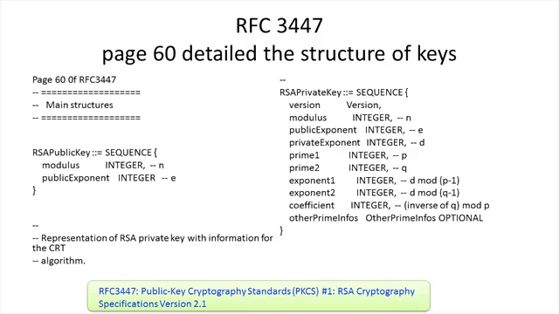In this page, it details the structure of the public key and private key, what they consist of. Here, exponent 1 is D mod P-1, while exponent 2 is D mod Q-1. The coefficient, the last one, is the inverse of Q mod P.